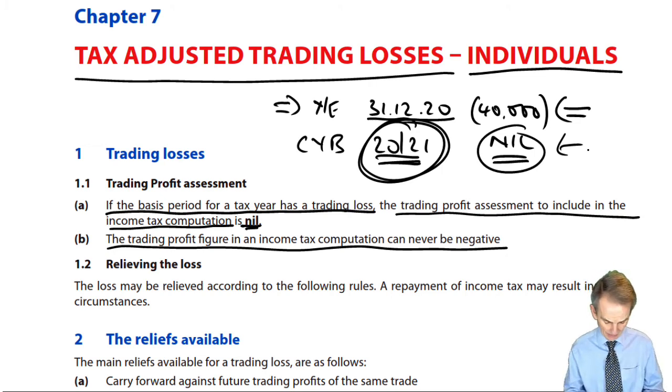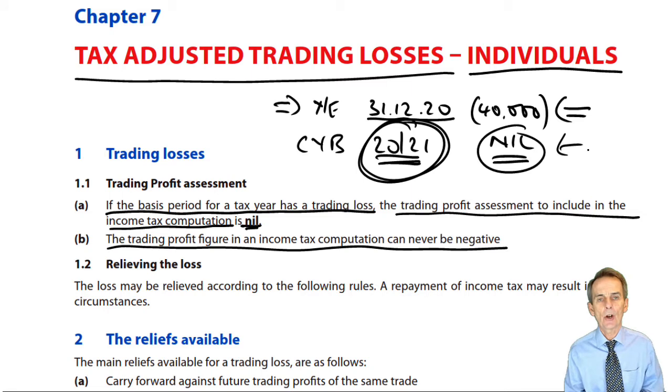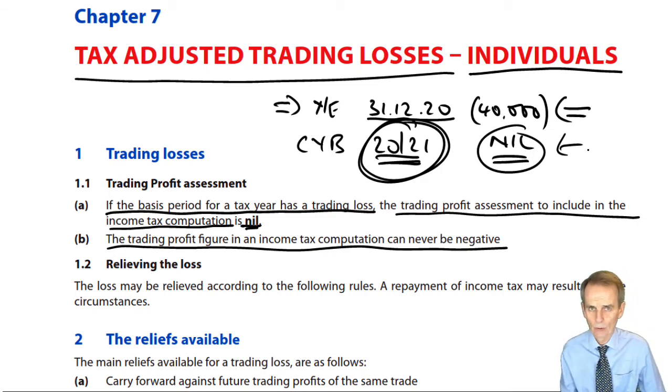And as we'll discover in our notes in a moment, the way that we relieve that loss will be to enable us, if we wish, to use it in the current tax year and or the preceding tax year against our figure of total income. Or if we carry it forward against only one figure of income, the future trading income of that trade. Now then, we have seen this before.